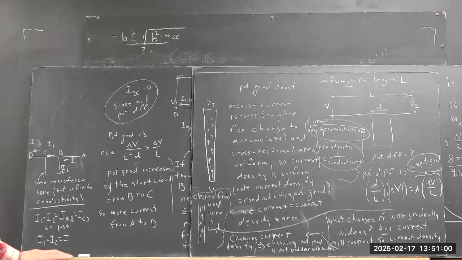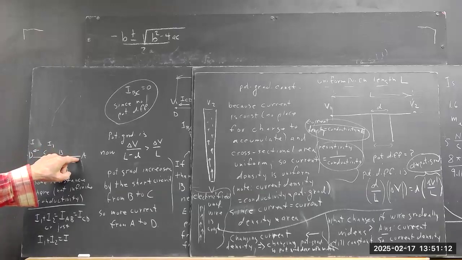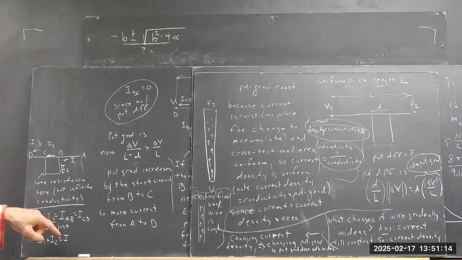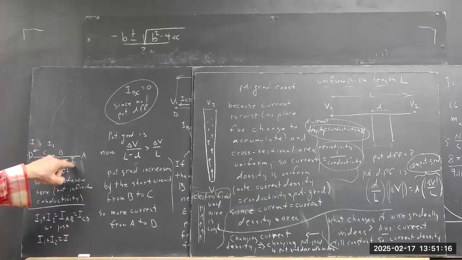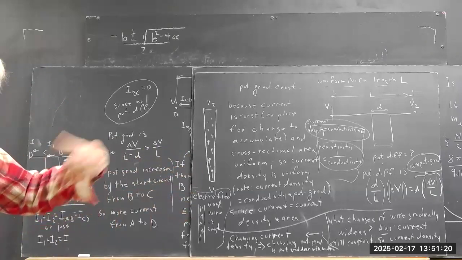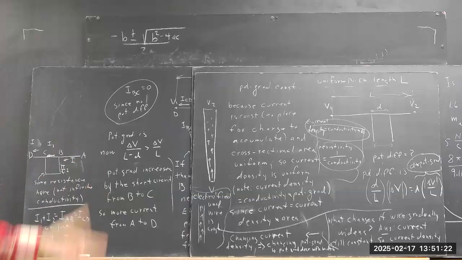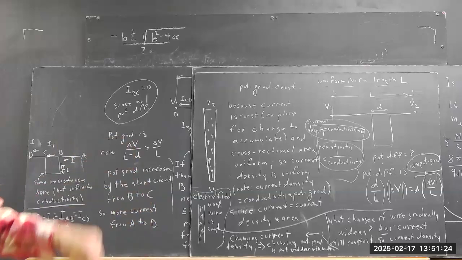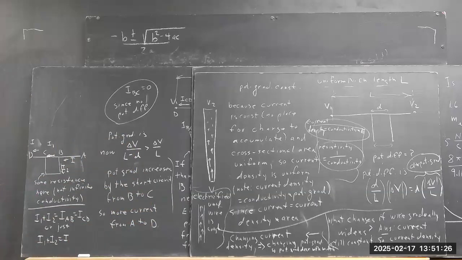I could pose a problem like: if this is also nichrome, but it's got twice the diameter of this nichrome, then what are these two currents? Let's say this current is 0.3 of an amp, which is kind of what we've observed with the circuit we're dealing with. We've got 0.3 of an amp here.